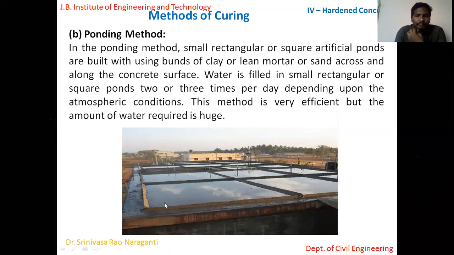Because of hydration and evaporation, maybe you fill the water today, after 3 days you find the water level reduced, so you fill with water again. That way you always ensure sufficient water is available for the hydration of the cement, thereby doing a proper curing. This is one of the efficient methods to do the curing.